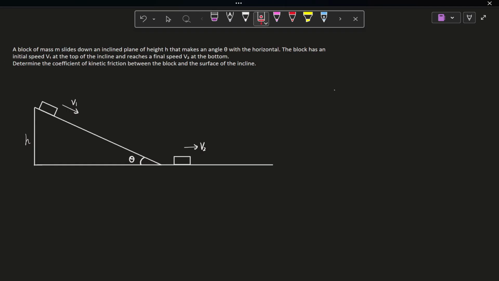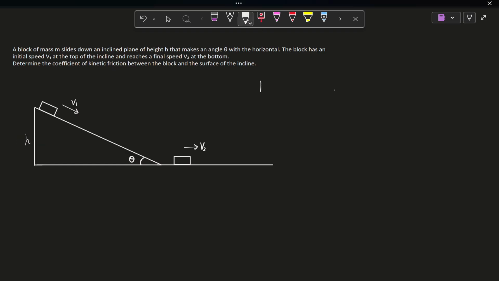So first, let's analyze what type of energy exists when the block is at the top. The block is moving at an initial speed v1, right? So it definitely has kinetic energy, and it says h above the ground, so gravitational potential energy exists.